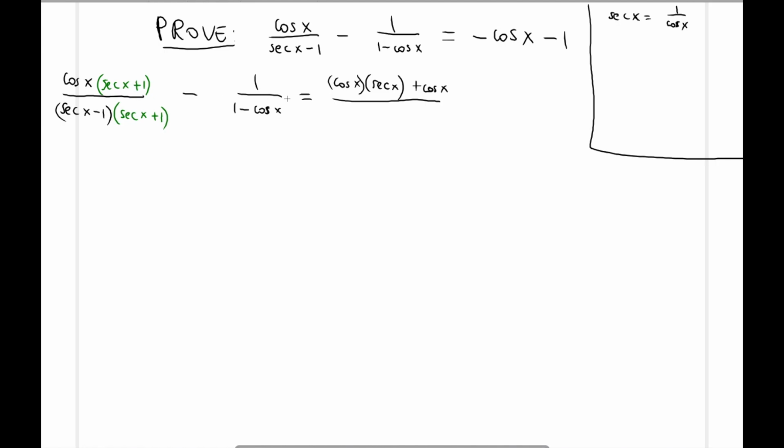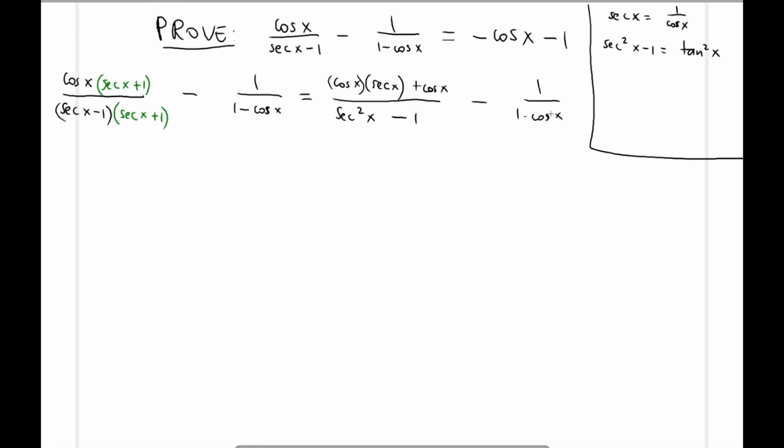So basically what I'm getting is secant squared x minus 1. And we know secant squared x minus 1 is precisely equal to tan squared x. That's another identity.